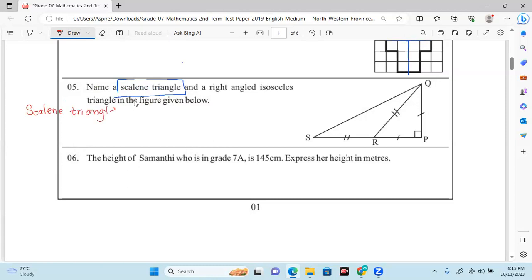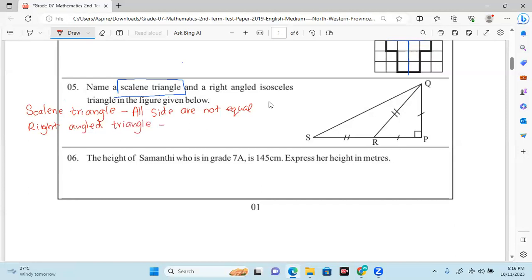A scalene triangle is a triangle with all the sides not equal to each other. Then a right angle triangle means a triangle with a right angle.